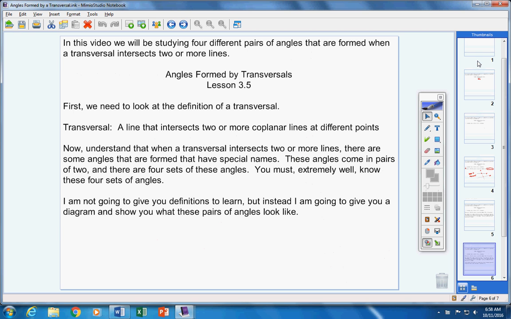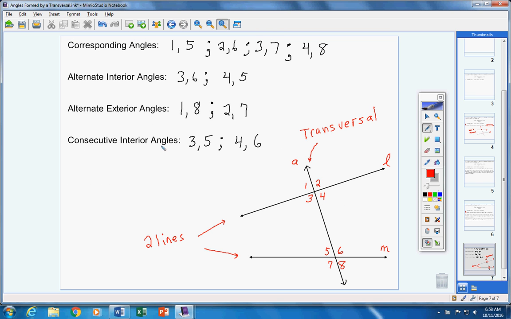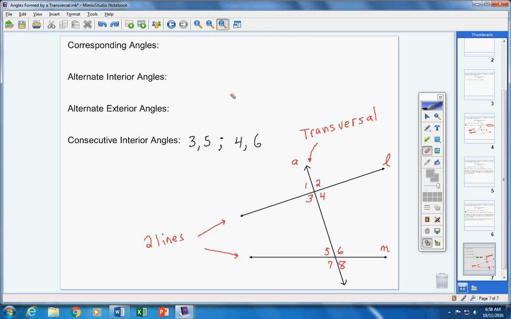In your notes, lesson 3.5, you should have a definition here called transversal. That will be on your quiz, okay? Fill in the blank. Also on your quiz, obviously these won't be fill in the blank, but I could very well give you a diagram like this right here and tell you to list out the different angles.